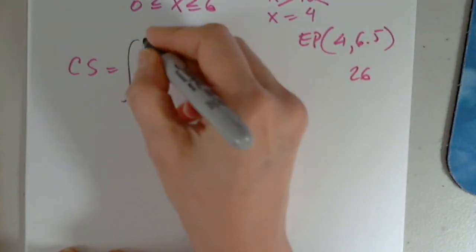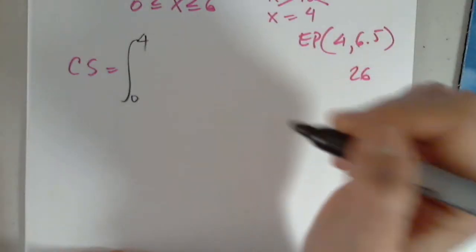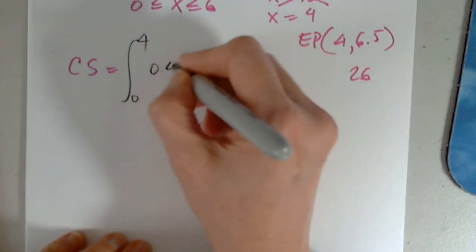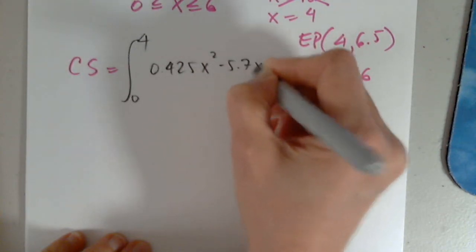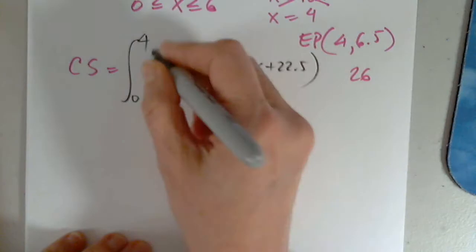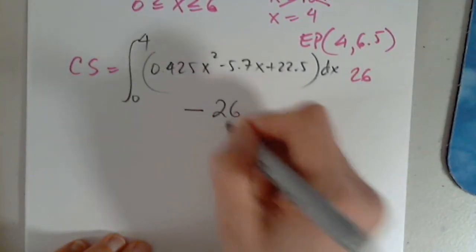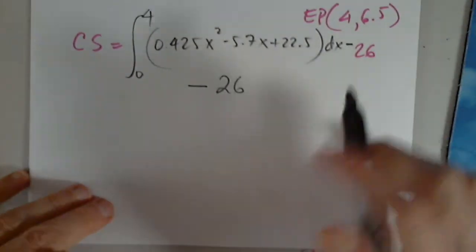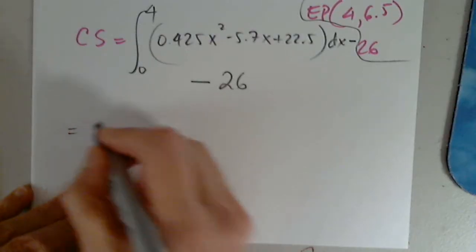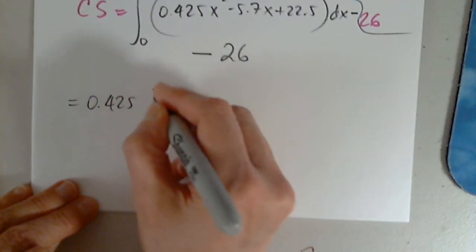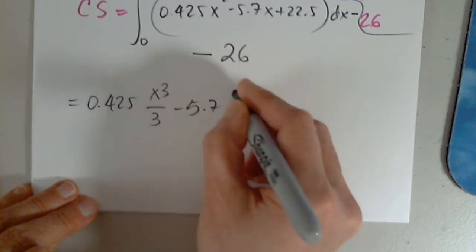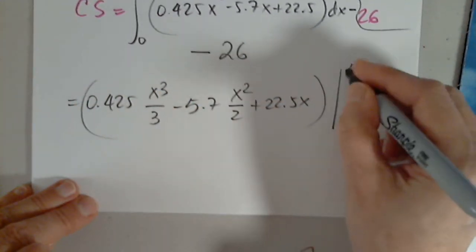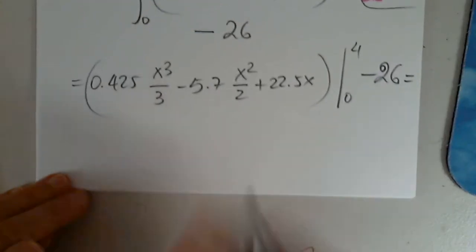Okay, well, the integral from 0 to 4 of the demand function, which is 0.425x squared minus 5.7x plus 22.5 dx, but minus 26. So we have 0.425x to the third over 3 minus 5.7x squared over 2 plus 22.5x from 0 to 4, and minus the area of that rectangle.